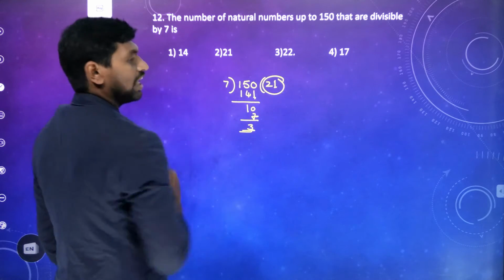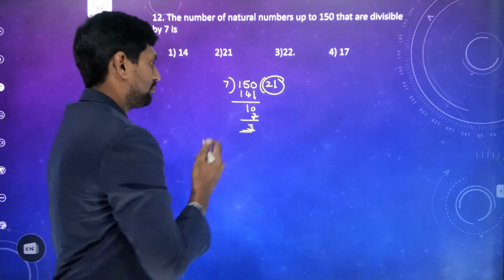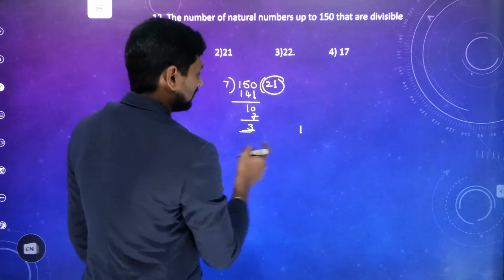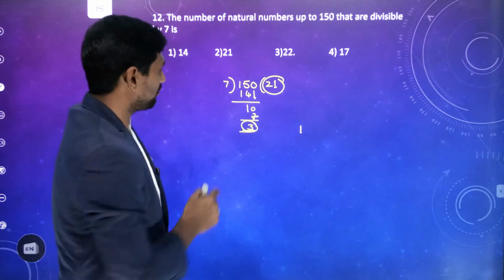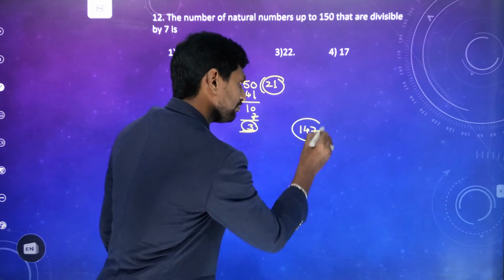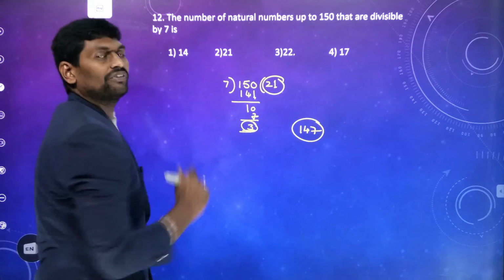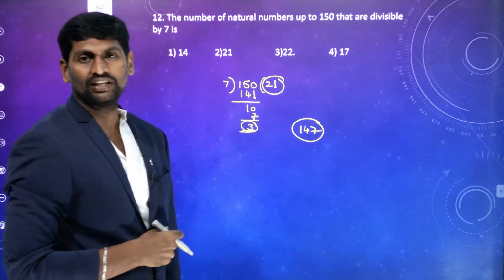That means there are 21 multiples with some remainder. So what is the last multiple here? We subtract this remainder from 150 and we get 147. This is the last number which is a multiple of 7 from 1 to 150. We are just doing the division with the 7 table.